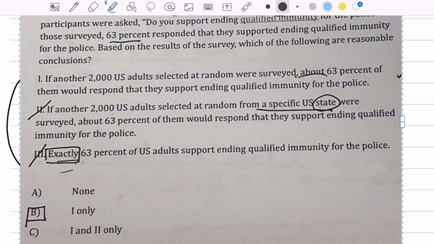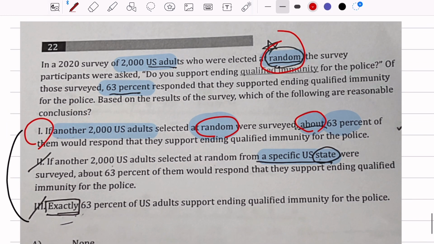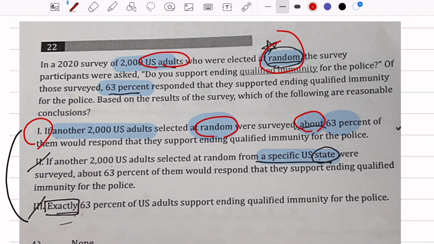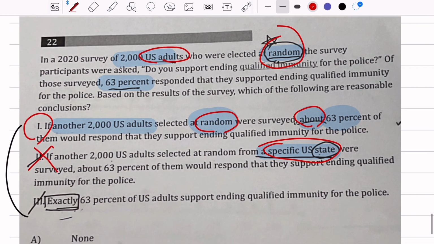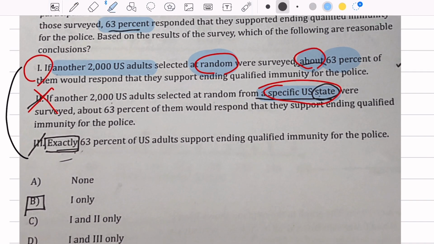The question said 2,000 US adults, not adults from a certain state, and this is narrowing down to a specific US state. So this doesn't make sense. Option 3 says exactly 63% of US adults support ending qualified immunity for the police. This is not exact. So the only right option is 1, so the answer would be B.